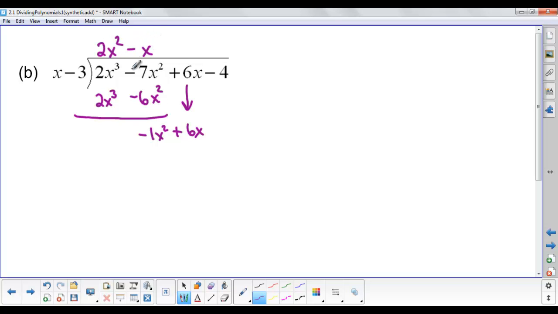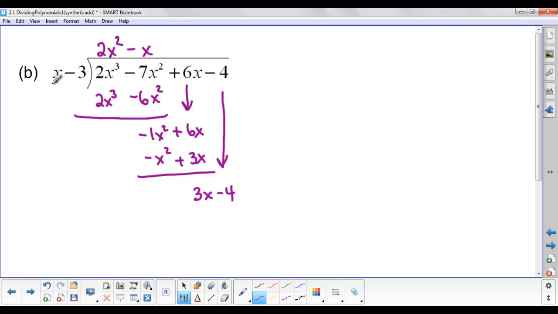So I'm going to take this negative x and multiply my divisor. Negative x times x, negative x times negative 3. And we subtract. These terms will go away. 6 take away 3 leaves me with 3x, and bring down the last term.